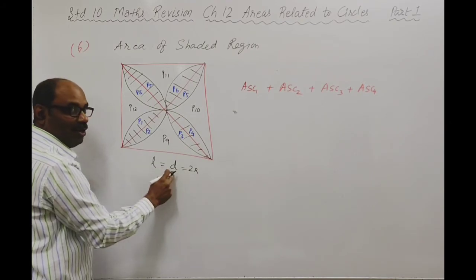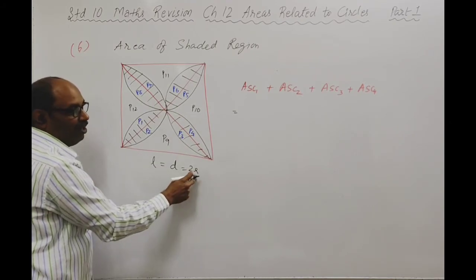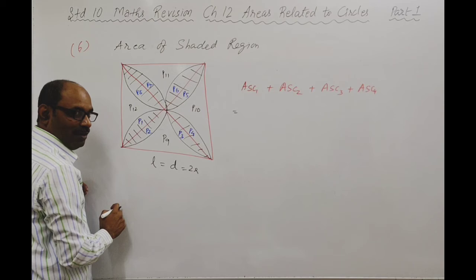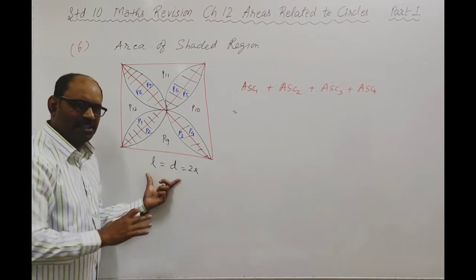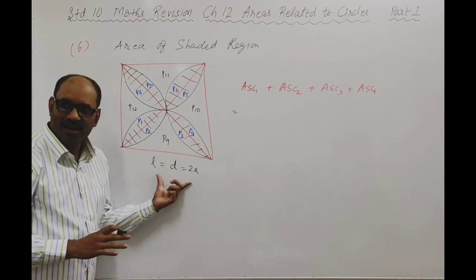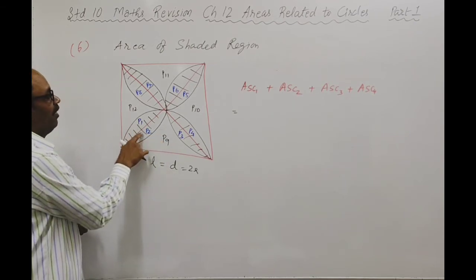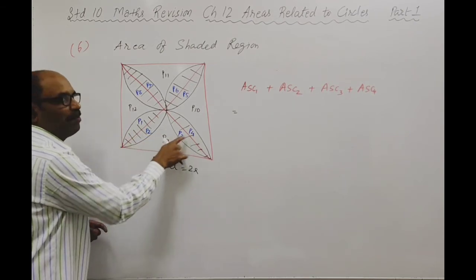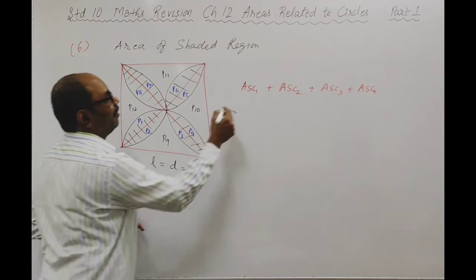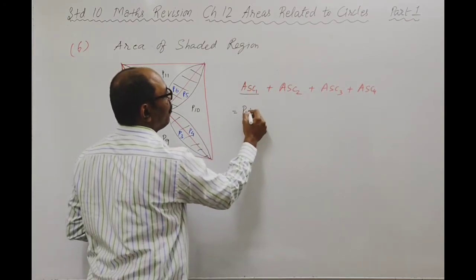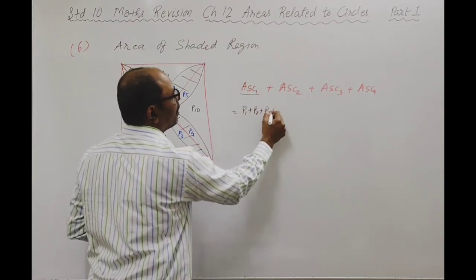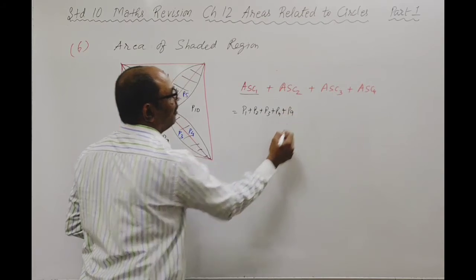So length is equal to 2r. Is that clear? That is a relationship between the length and the radius. But I am going to write in terms of parts. Part 1 plus part 2 plus part 3 plus part 4 plus part 9. That is what I am going to write for this.